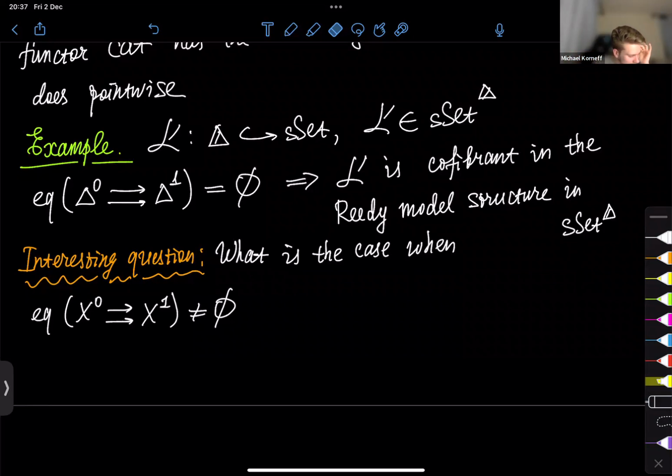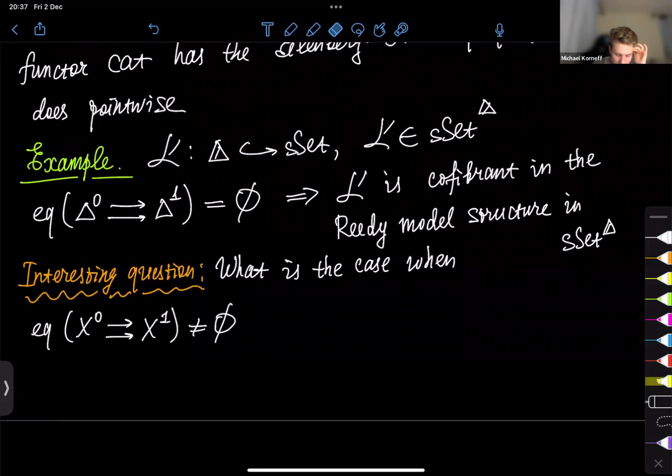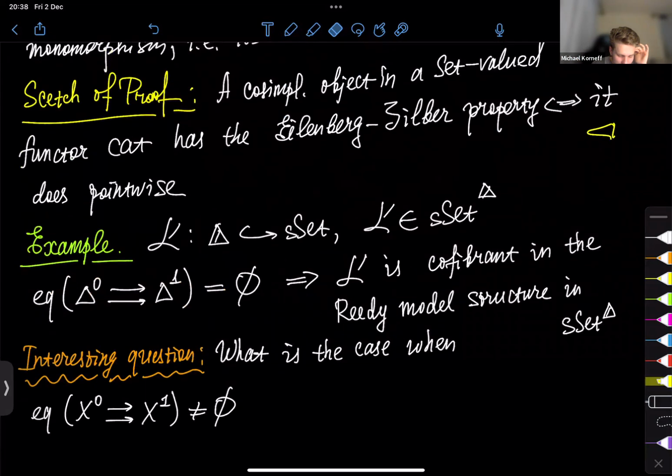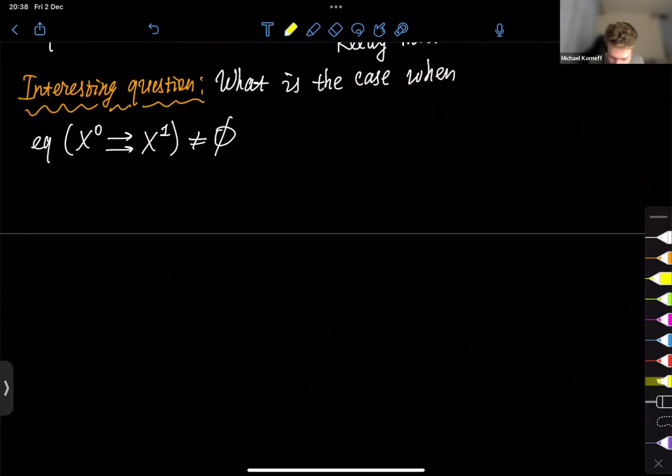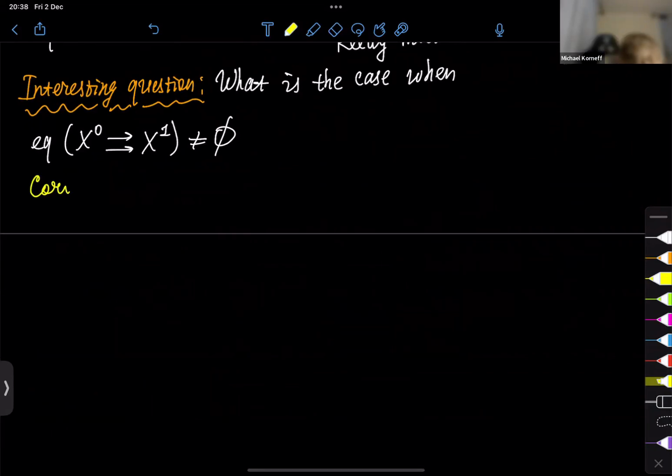Okay, and so from this example and the theorems, we have the following corollary, which was used in the bar construction. We use this fact in the bar construction.